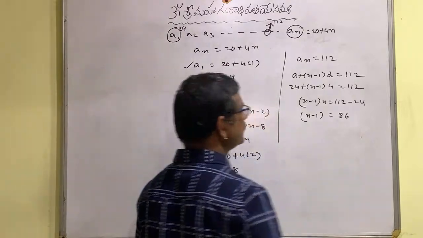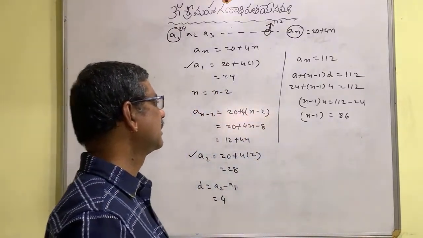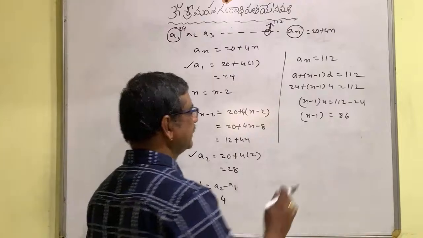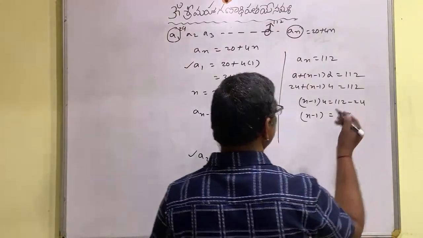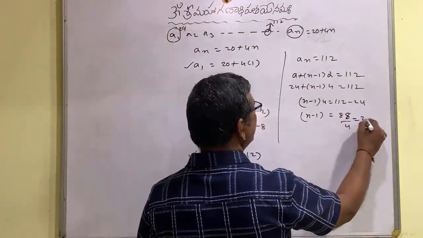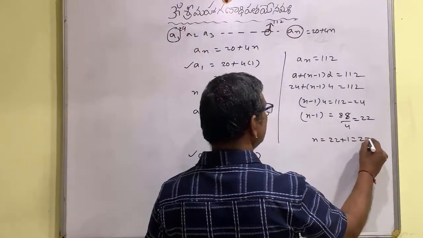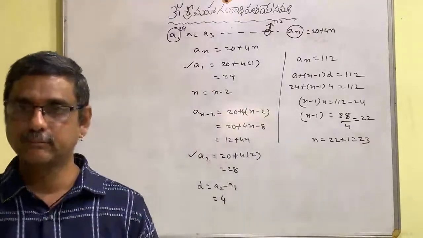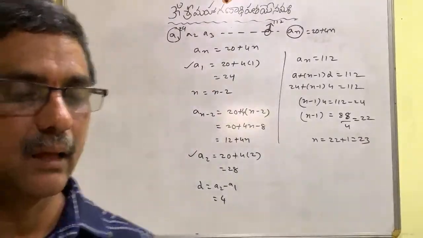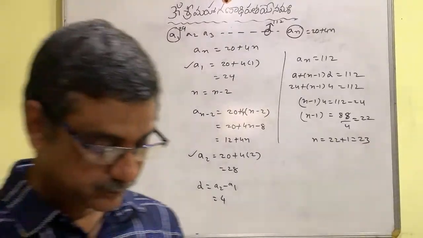Is it 86? 88, I think, 88. Divided by 4, which is 22. Then n is equal to 22 plus 1, 23. Okay. Next, last question.